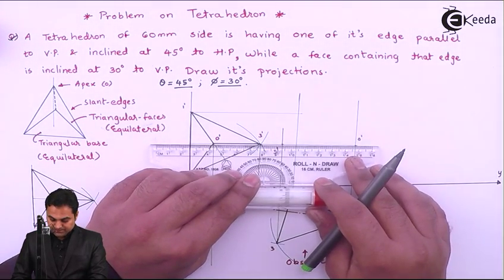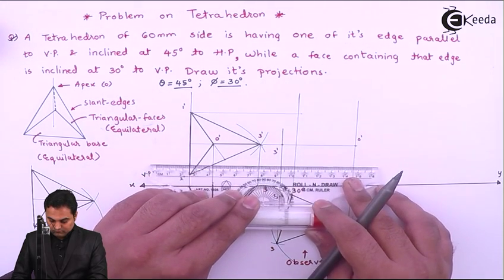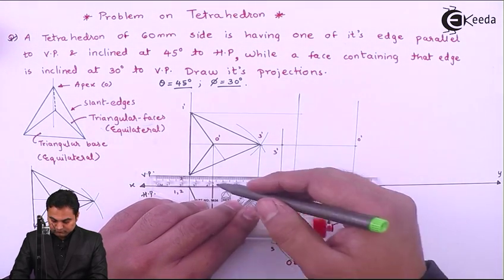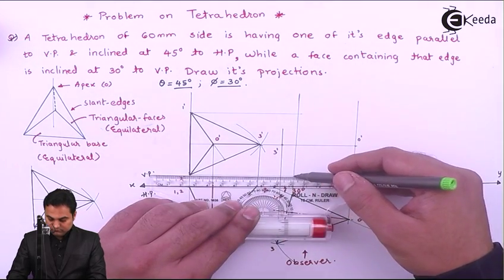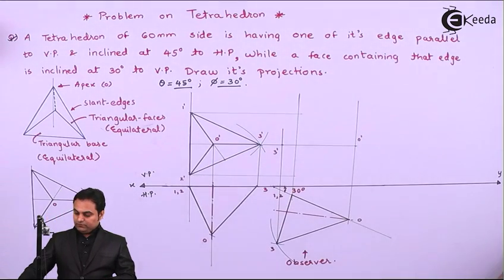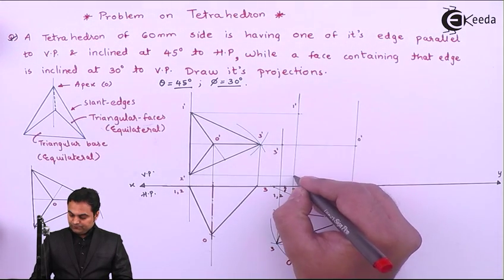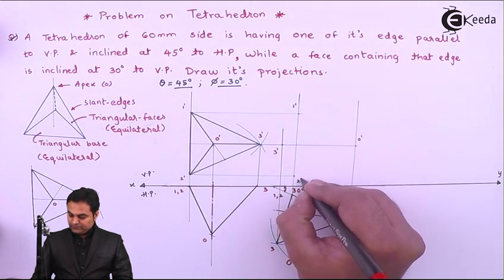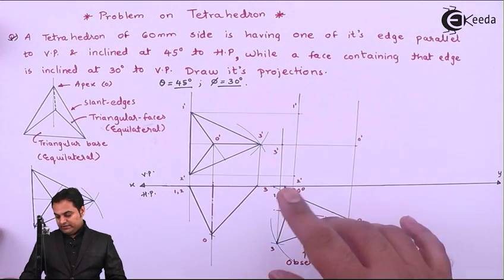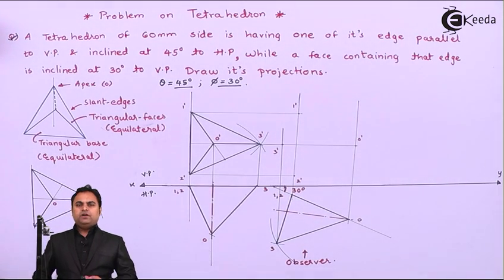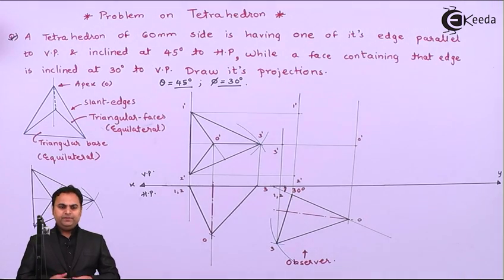Then 2 dash. So here I'll get point 1 dash and point 2 dash. Now joining the outlines in the proper sequence, because outlines are never going to be hidden.